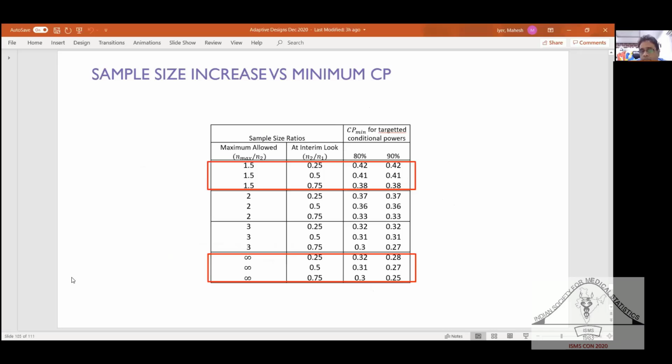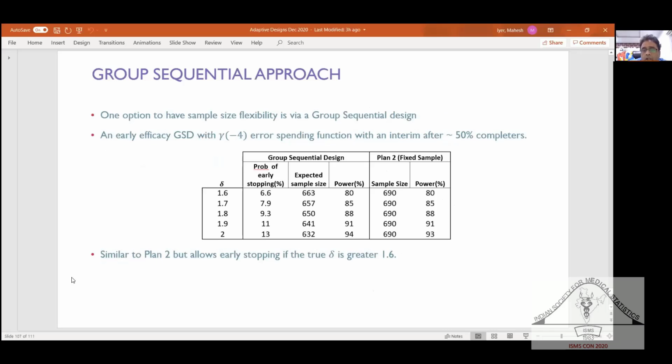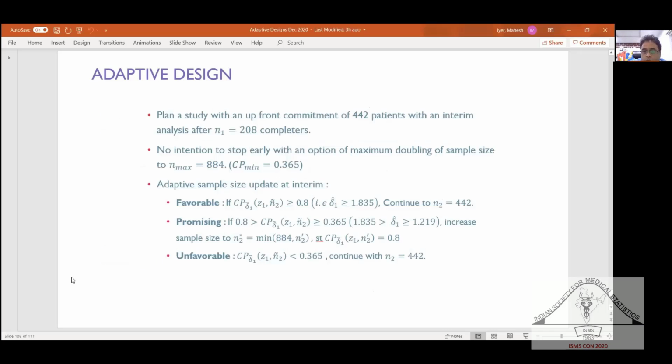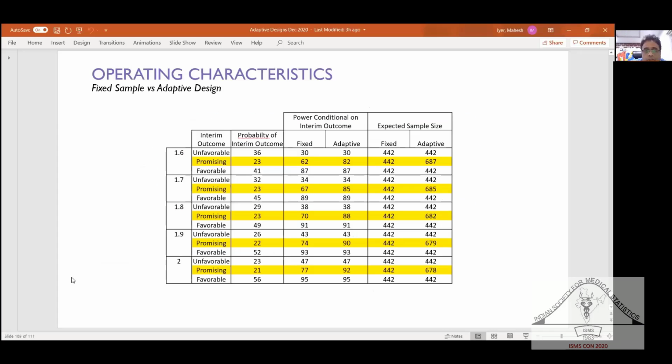All right, I want to take a quick example and show you how this works. This is your power conditional on your interim outcome for a fixed design and an adaptive design, and this is your expected sample size.